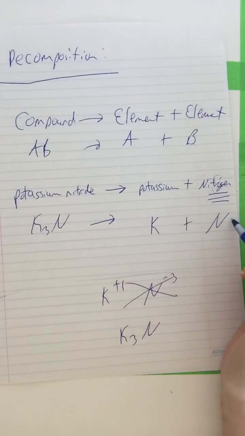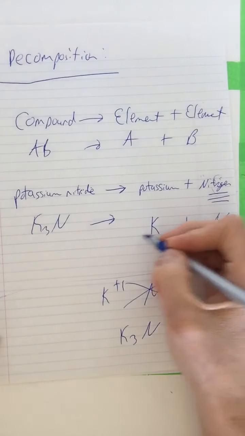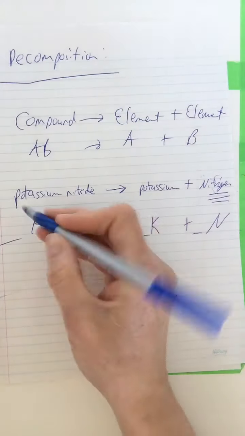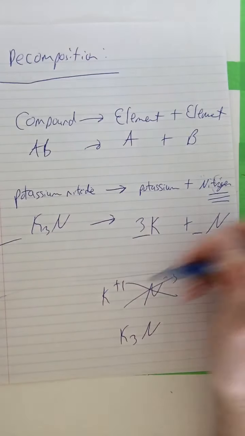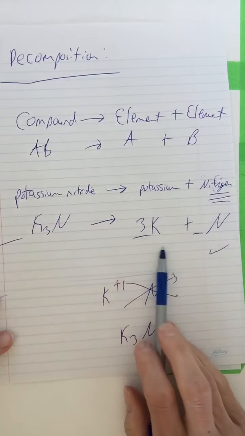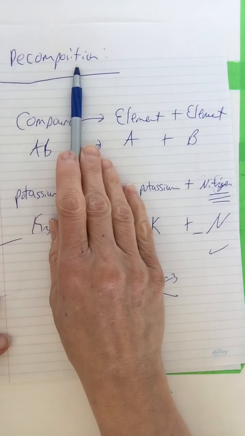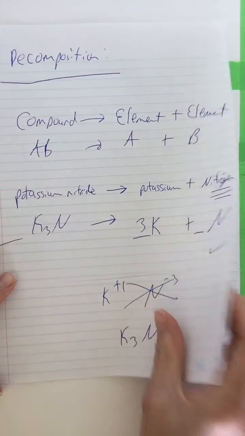K3N yields K plus N. And then eventually you would balance this equation, right? You'd be like, oh, there's 3 potassiums on each side. Boom, now we're balanced. Okay, that's getting a little ahead of ourselves, but this is what a decomposition looks like when something is broken apart. Okay?